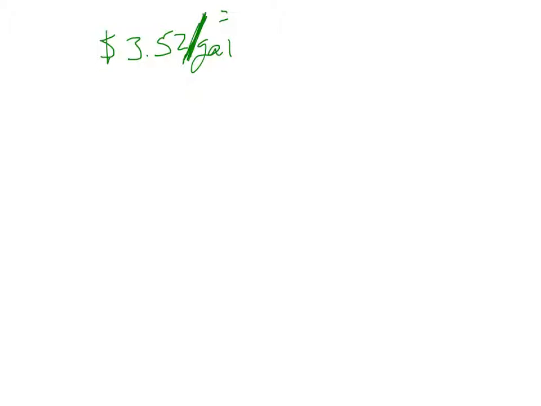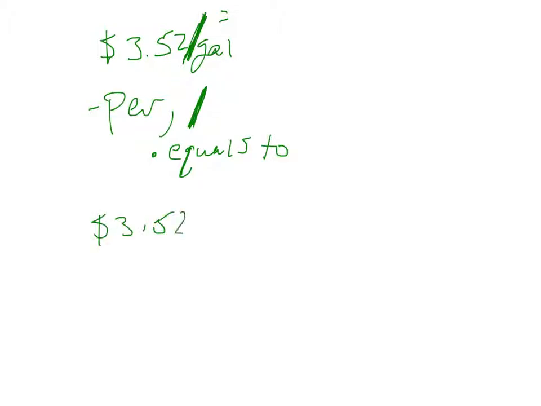So anytime that you see per, you see that division sign between something, then you can go ahead and understand that that means equals. So $3.52 is equal to 1 gallon of gas.